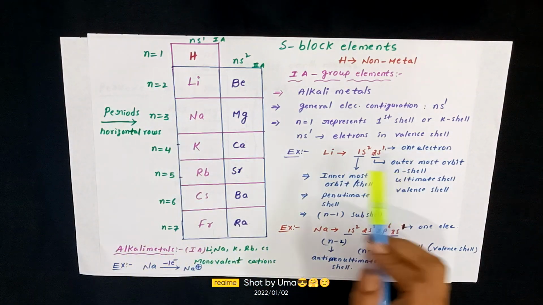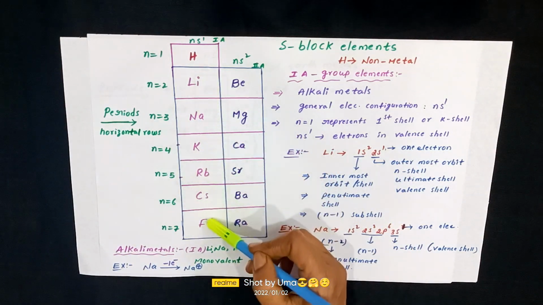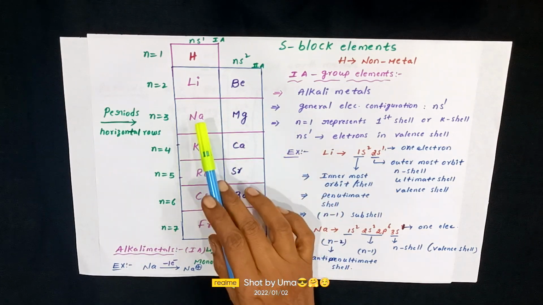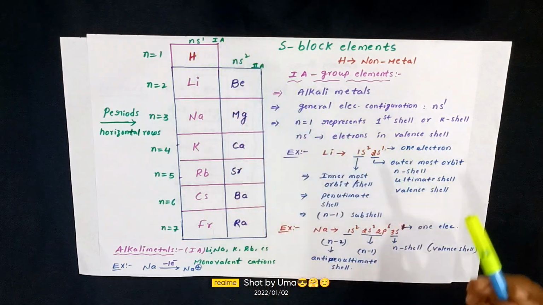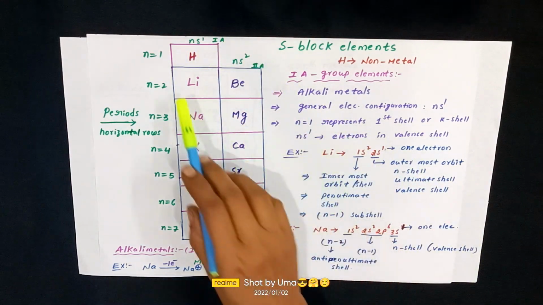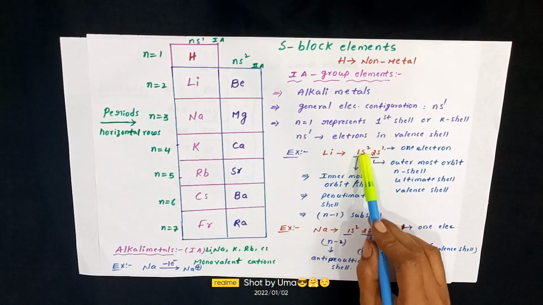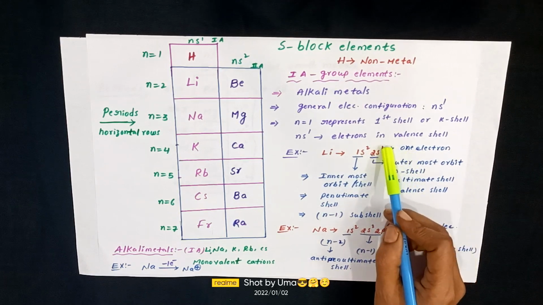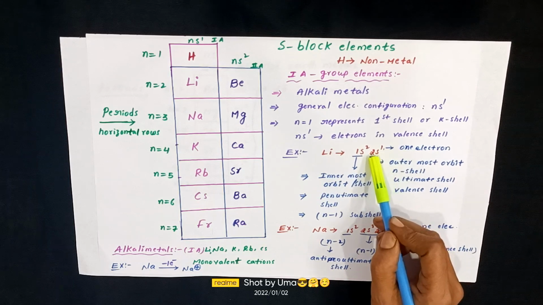So if you write the electronic configuration for any element, then you can understand which group and which period the element belongs to. Here, for lithium, you get the electronic configuration 1s2 2s1. Only one electron is present in the s orbital of the second shell.